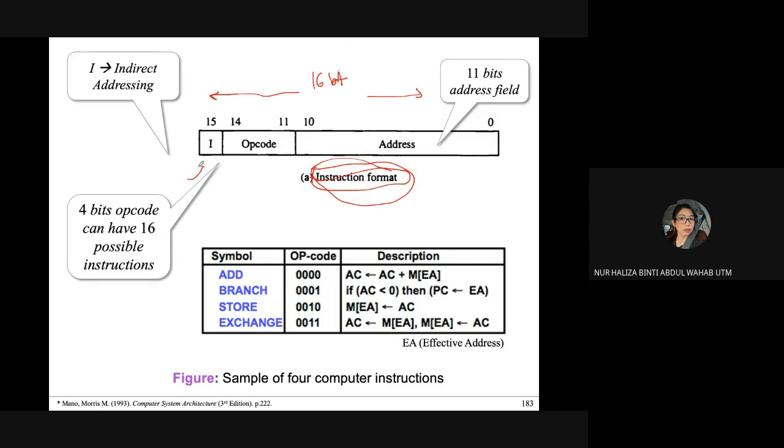And you are going to see you have the indirect address at the beginning of your MSB. So here on your left is going to be the indirect address, and it is only 1 bit. And for your opcode, normally it can have 4 bits.